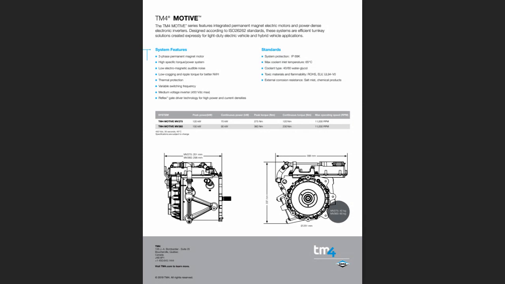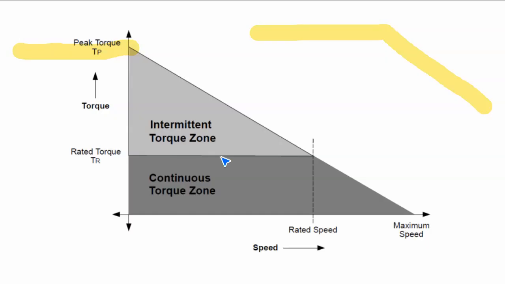Now we return to another slide. For example, my best efficiency point is here, rated speed and rated torque.